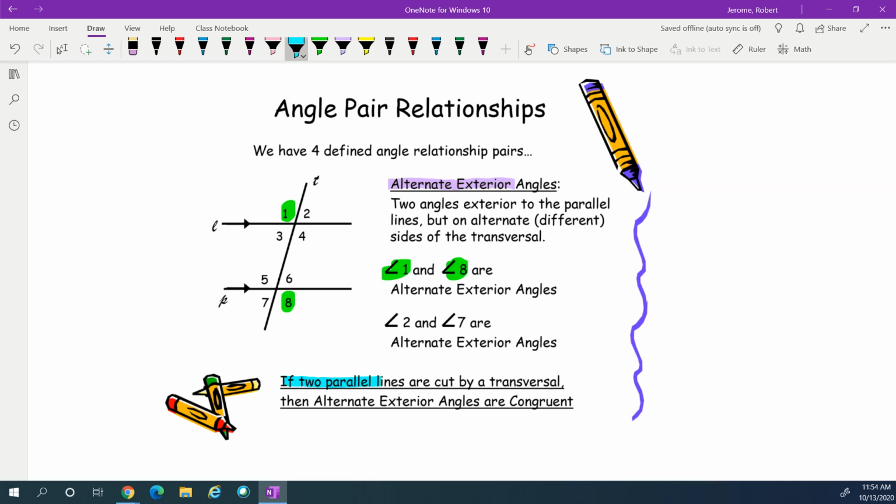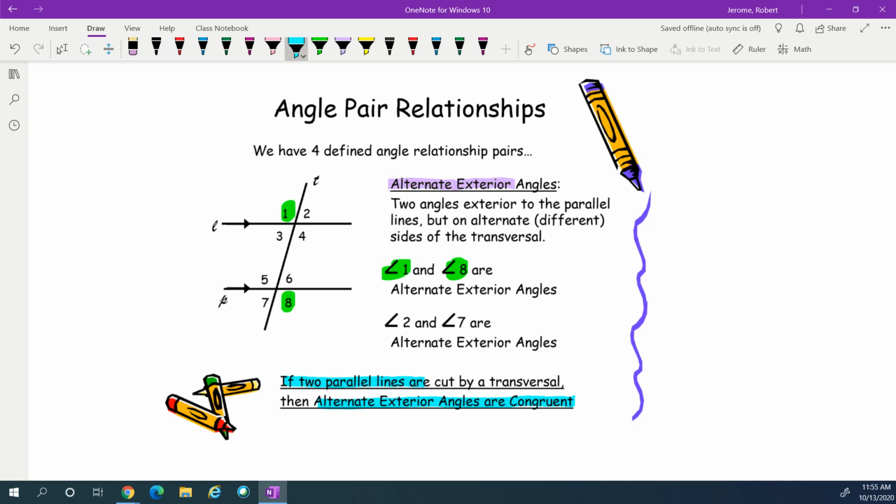If the lines are parallel, alternate exterior angles are congruent. If the lines are parallel, then the alternate exterior angles are congruent. If the lines are not parallel, then the alternate exterior angles are not congruent.